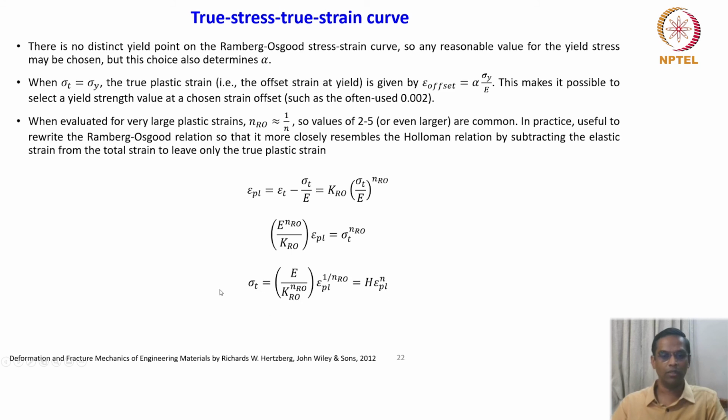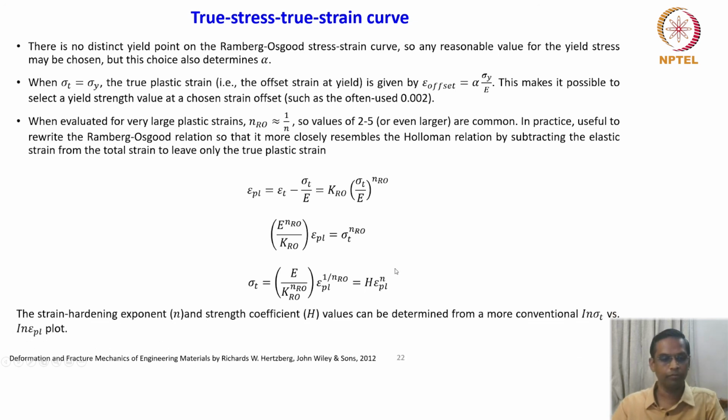And finally, you can substitute into this form: sigma T is equal to (E by K RO) to the power 1 by n RO into epsilon plastic to the power 1 by n RO, which is equal to H epsilon plastic to the power n. The strain hardening exponent n and the strength coefficient H values can be determined from the more conventional ln epsilon T versus ln epsilon plastic plot.